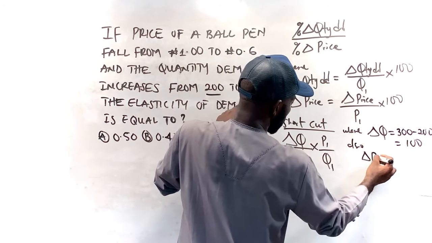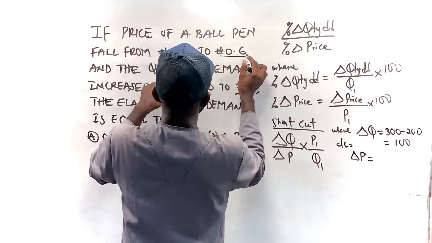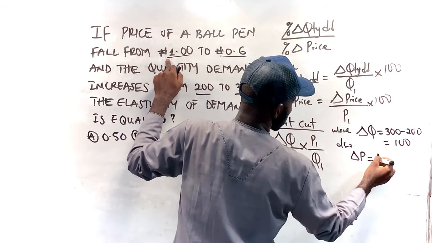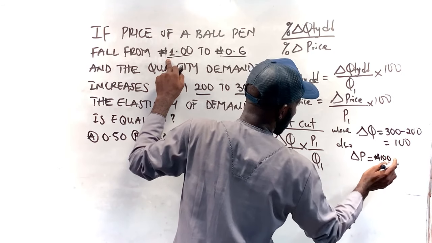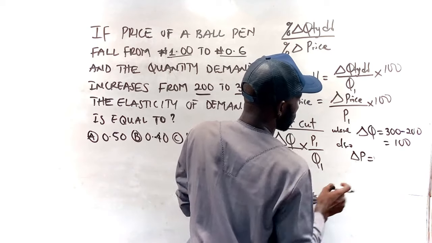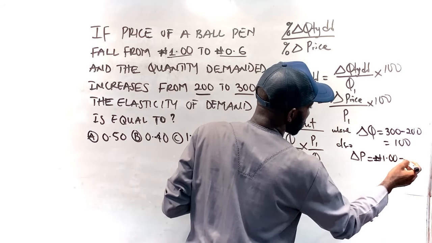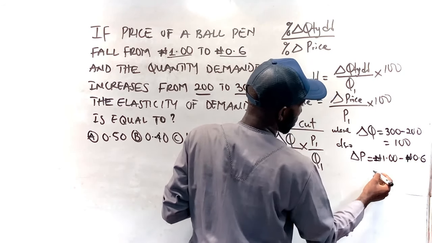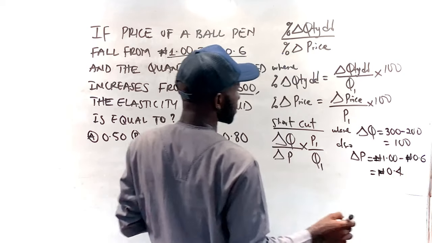Also, change in price: the difference between 1 and 0.6 is, let's just take it as 1 naira minus 0.6 naira. We're going to have 0.4 naira as the difference.